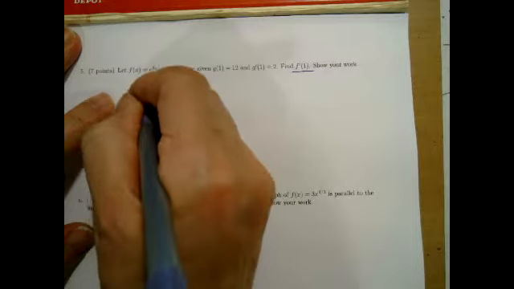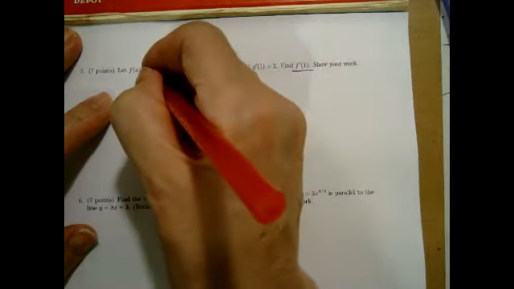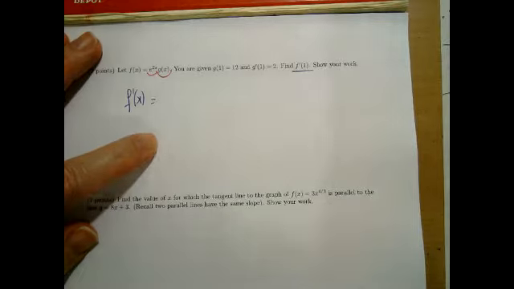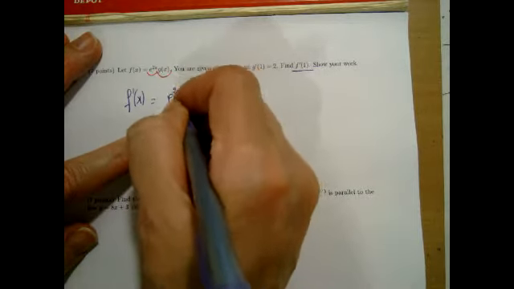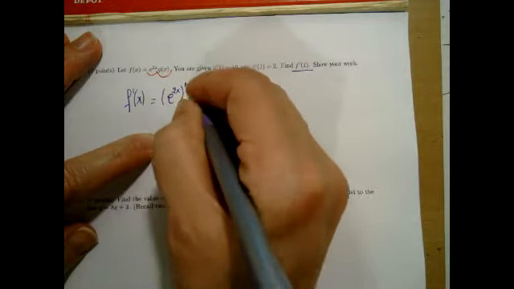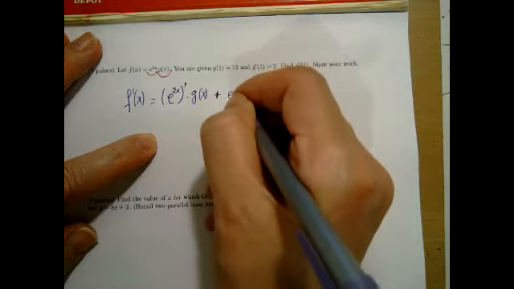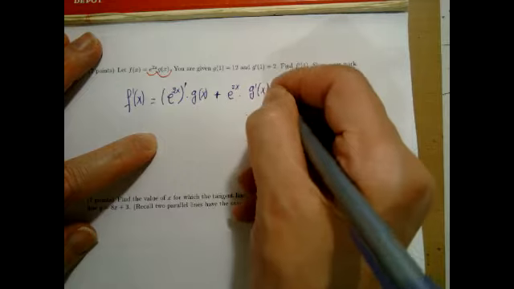Now watch very carefully, and that's where a lot of you messed up. That's a product. That's one function multiplied by another one. So the only way I can find the derivative, I have to apply the product rule. So that's the derivative of the first, e to the 2x, times the second, plus the first times the derivative of g.